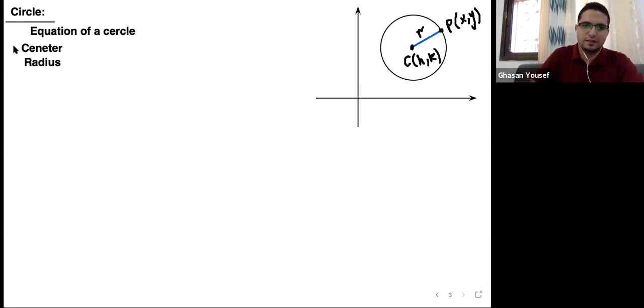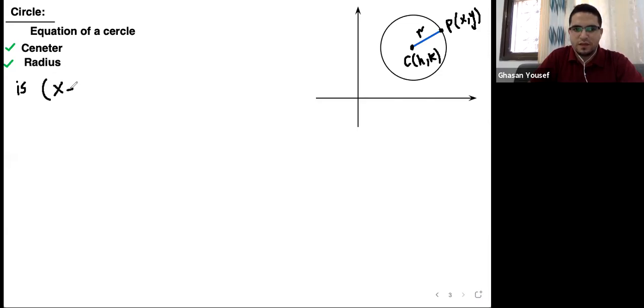So we need center and we need radius. If we get the center of the circle and we get the radius, we can find the equation of the circle.